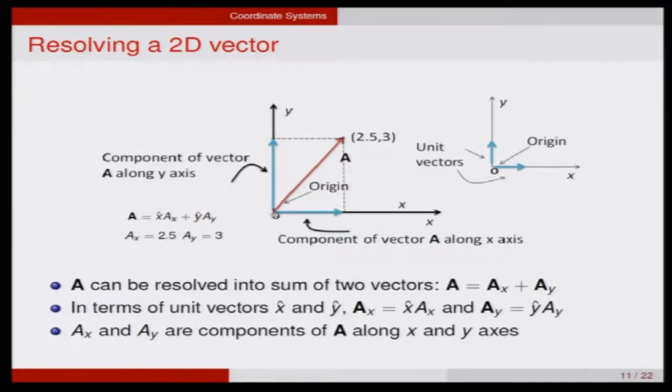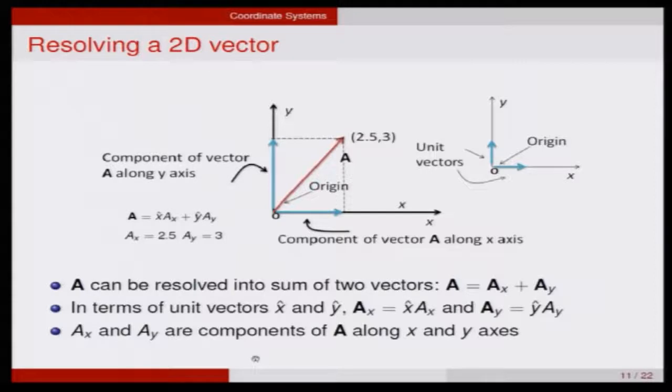So, this original vector OA has been resolved or decomposed into the sum of two vectors, one along x, the other along y. These two themselves are perpendicular to each other. You can see from the graph that the vector Ax x hat is perpendicular to the vector Ay y hat.